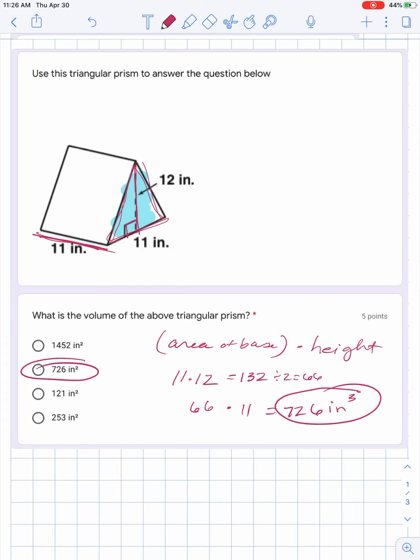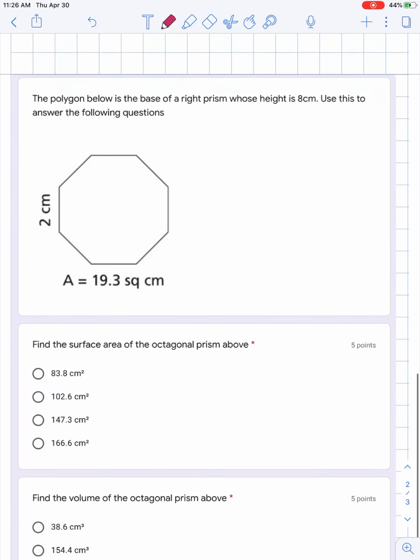Okay, moving along. The polygon below is the base of a right prism whose height is 8 centimeters. So imagine, and I am not going to be the best at this right now, that this looked good. Right, that's kind of what we're talking about.